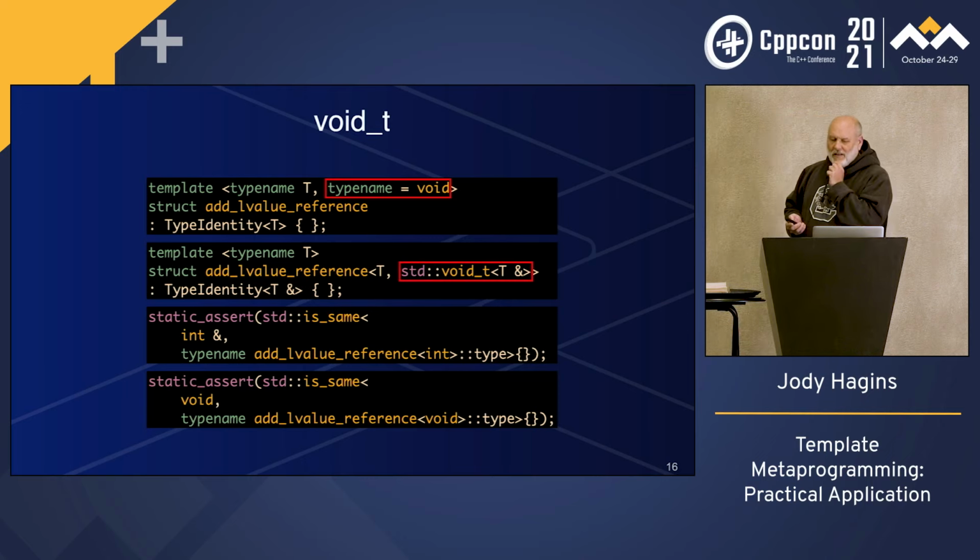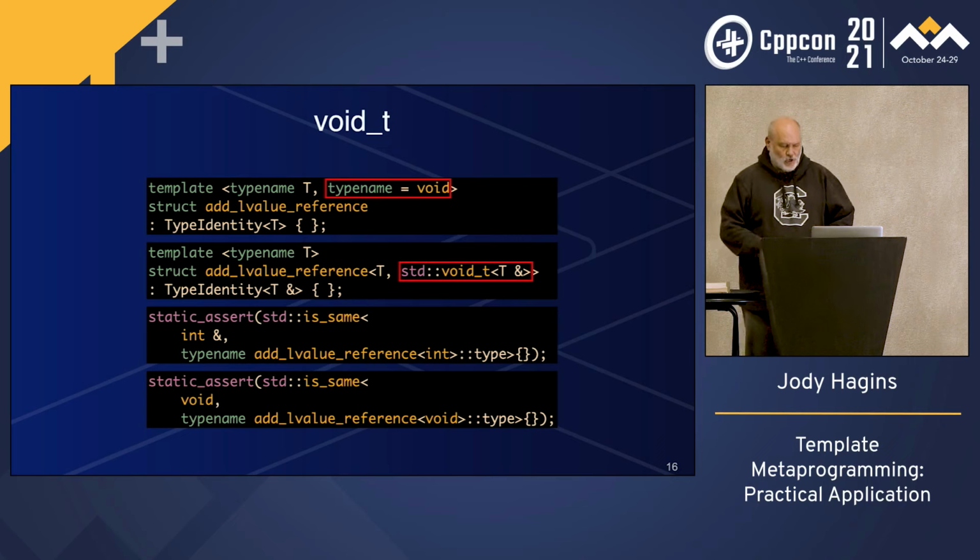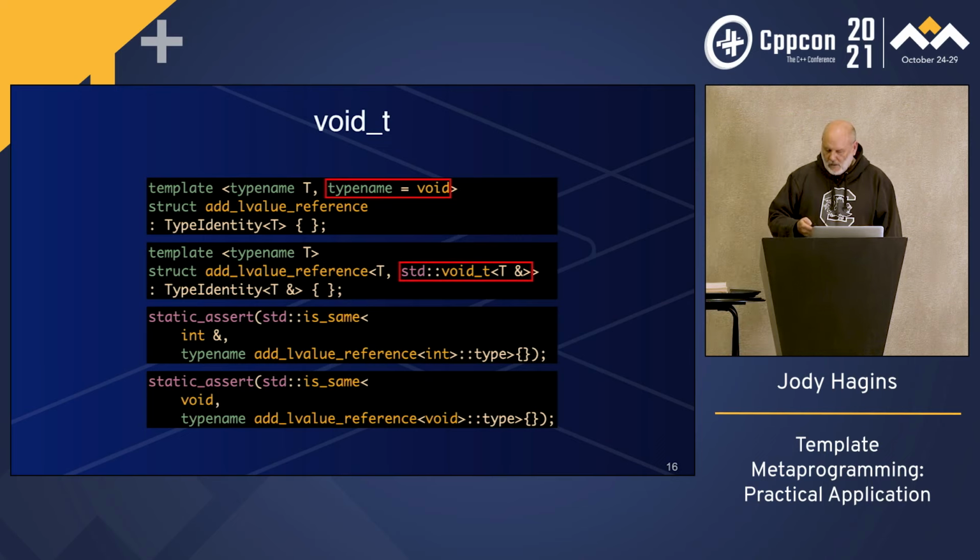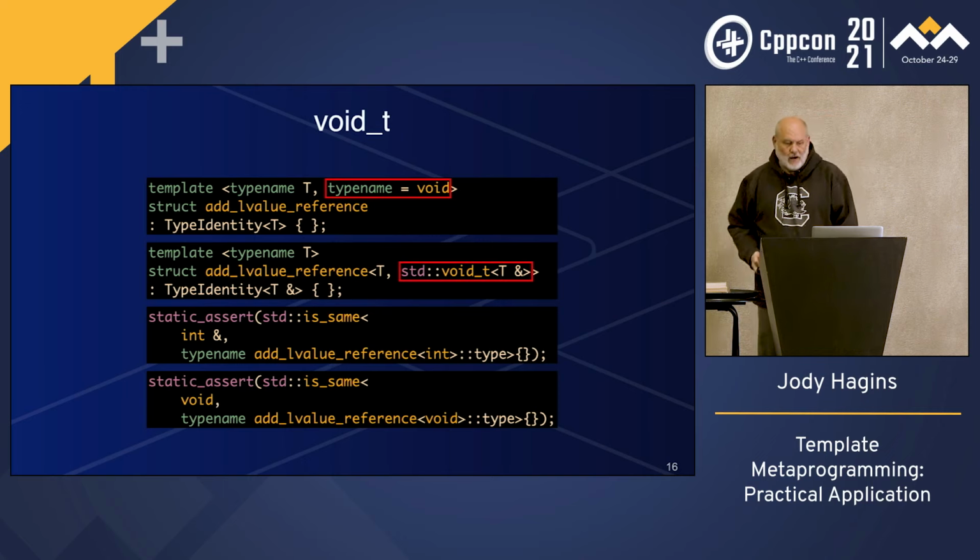But what this means is that the call to void_t will resolve to void, and since it matches the default, then this will be chosen because it's a better match. And so all of these asserts will now pass.